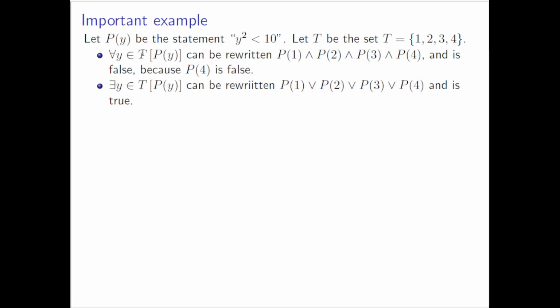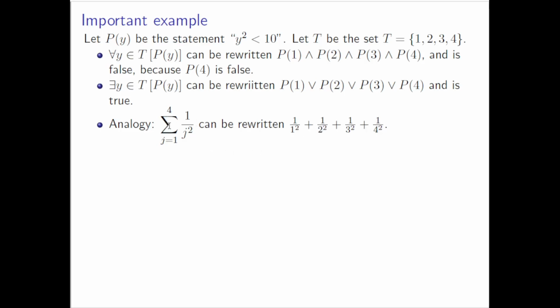So you see, for all is really about multiple uses of and, whereas there exists, if you break it down to write it a different way, is really about multiple uses of or. Here's an analogy. Summation notation, the sum of things of the format 1 over j squared, j goes from 1 to 4, can be written 1 over 1 squared plus 1 over 2 squared plus 1 over 3 squared plus 1 over 4 squared.